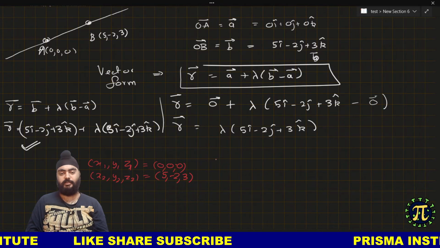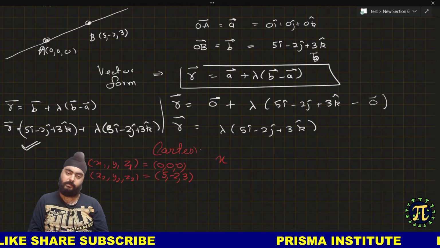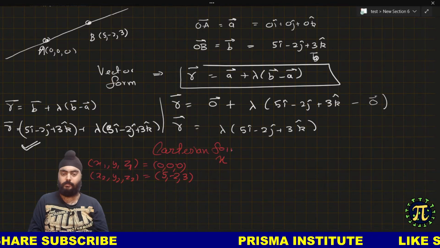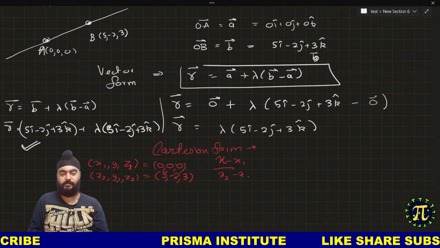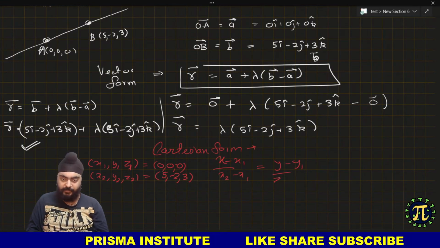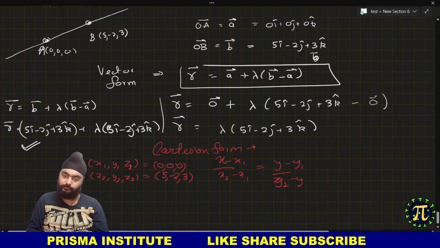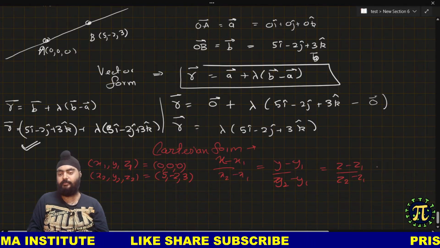So result क्या होता है कार्टेशियन फॉर्म के लिए? So x minus x1 by x2 minus x1, right, is equal to y minus y1 upon y2 minus y1 is equal to z minus z1 upon z2 minus z1.